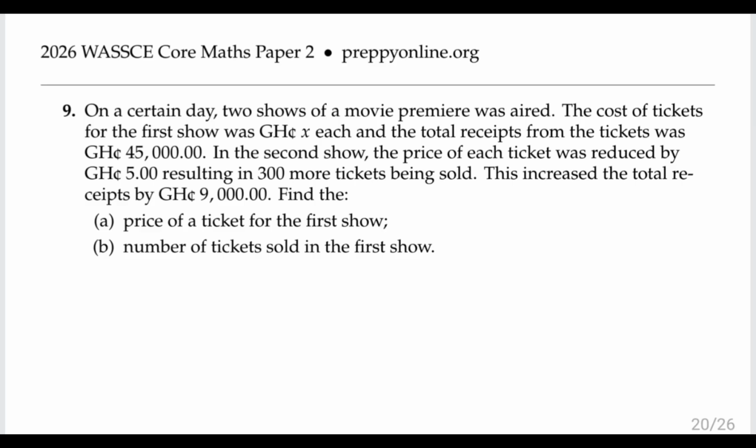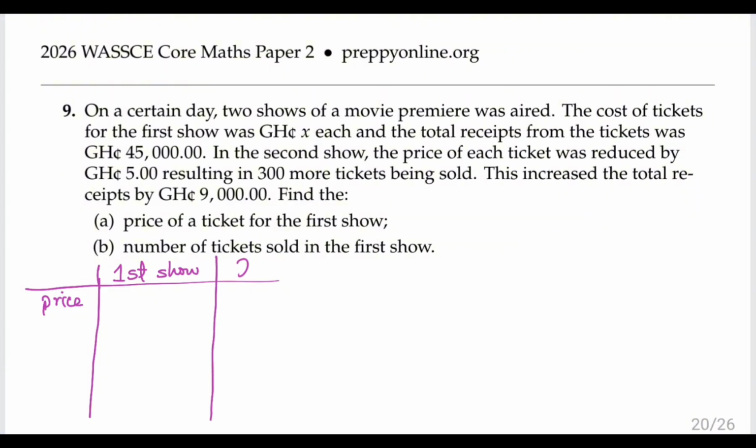B, the number of tickets sold in the first show. All right, so we have a bunch of information that we have to try to make sense of. We are told the price of a ticket, so let's have price. We can try to represent the information in a table. So let's say we have the first show here.